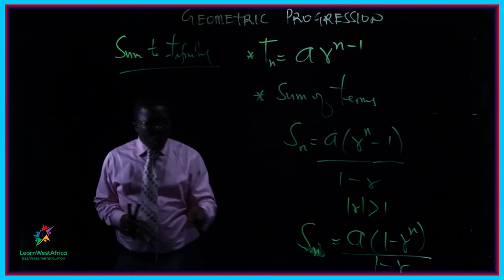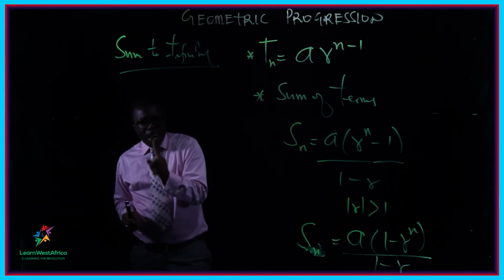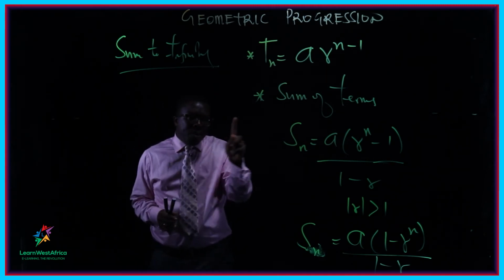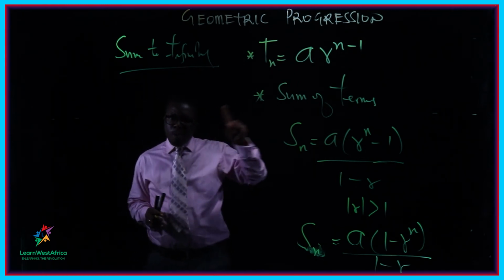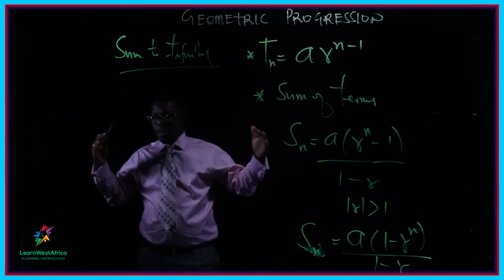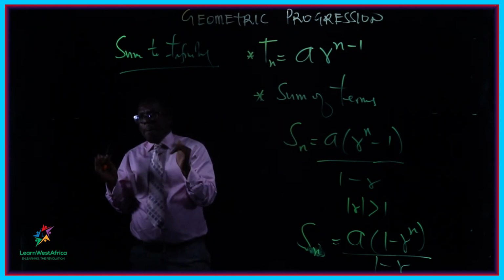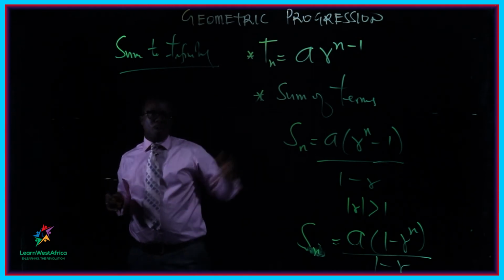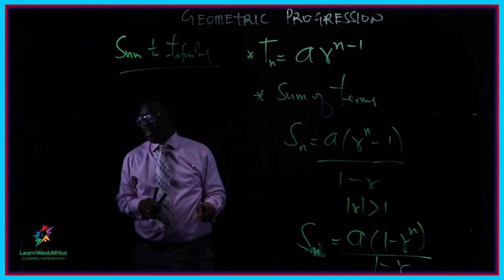And this will only happen when your common ratio is less than 1. That is, the multiplier effect is less than 1, which means that it does not increase so much. So as the sequence goes along the line, you realize that the whole geometric sequence could be reduced to a whole number. We say that that sequence is convergent. For that purpose, we could find a sum to infinity.